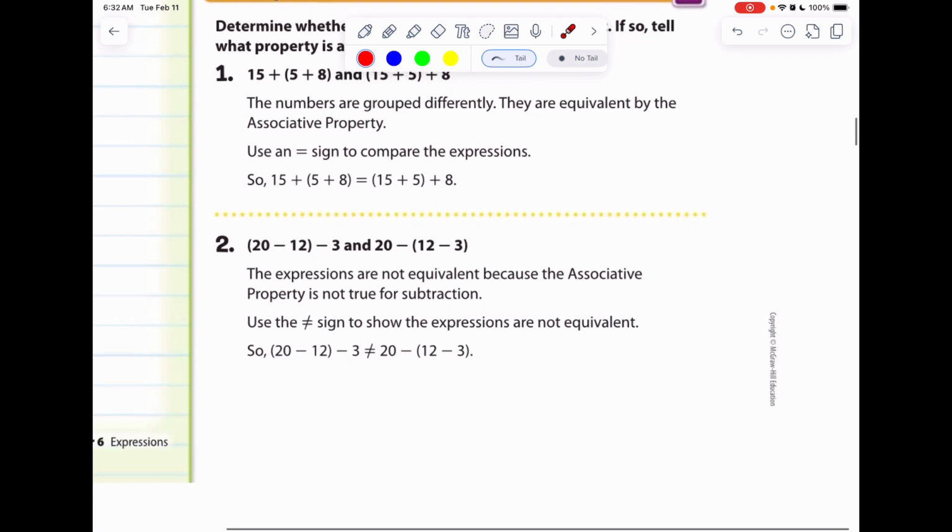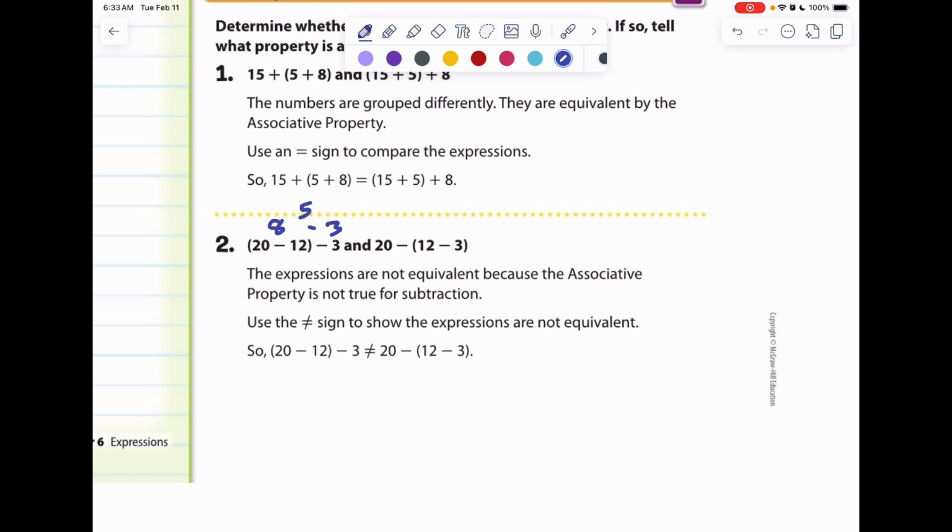Okay, now let's look at these. 20 - (12 - 3) and (20 - 12) - 3. It is not addition though, so I'm going to slow down and think about this. Up above, we did not define associative property as applying to subtraction. So let's just work it out. Here we have 20 minus 12, that's 8. And if we subtract 3 more, we get 5.